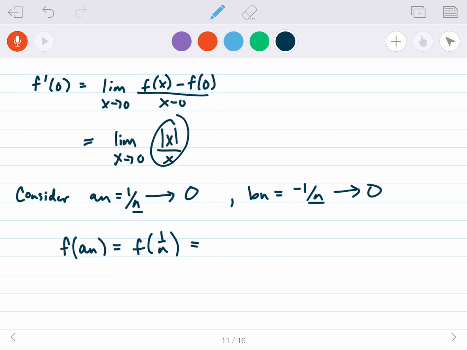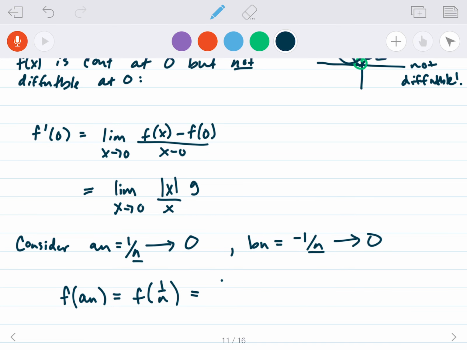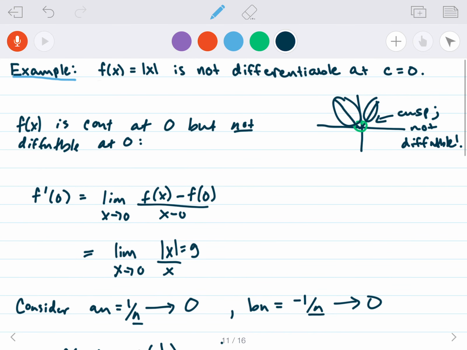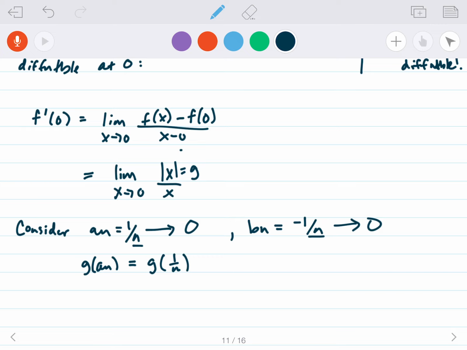So we're looking at this thing, right? Maybe I should have called this a different function. Maybe I should have called it g, because I think we already called f something else. Let's just call it g: absolute x over x. So g of a sub n is going to be g of 1 over n. This is absolute 1 over n over 1 over n, which is, of course, 1.